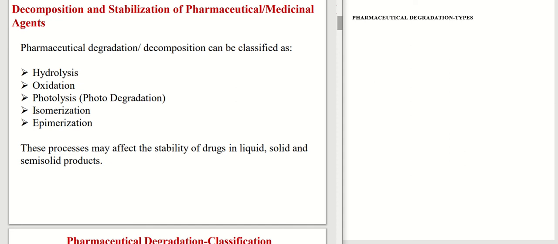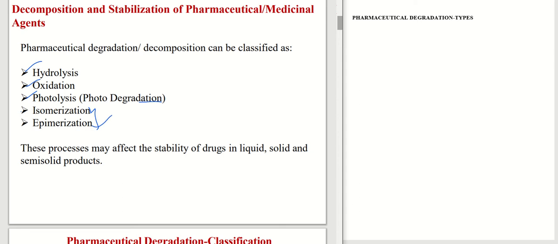Let's see what are the different reactions that our pharmaceutical compounds will undergo under different conditions. Based on that, pharmaceutical degradation or decomposition is classified as hydrolysis, oxidation, photolysis, also known as photodegradation, isomerization, and epimerization.